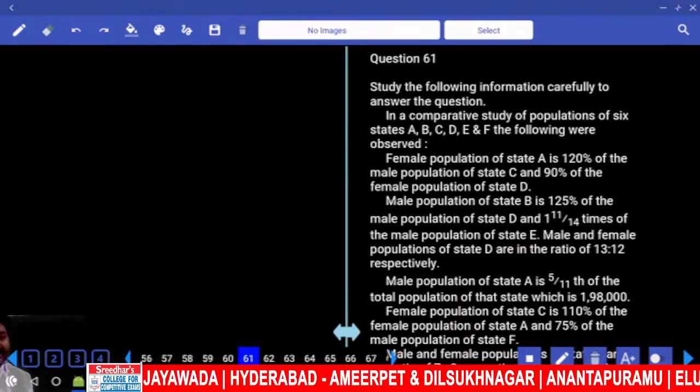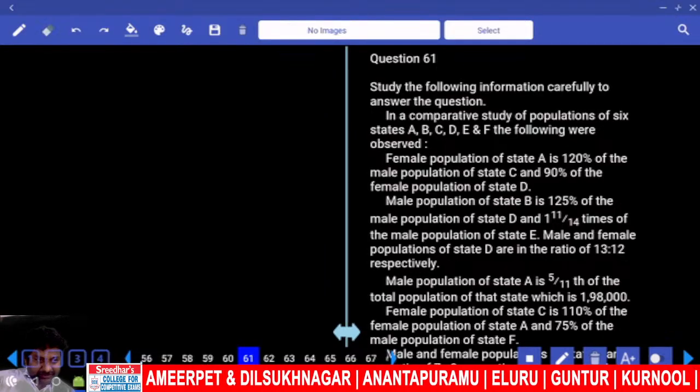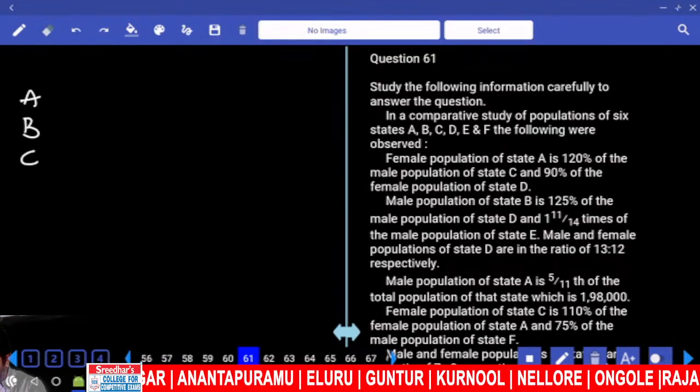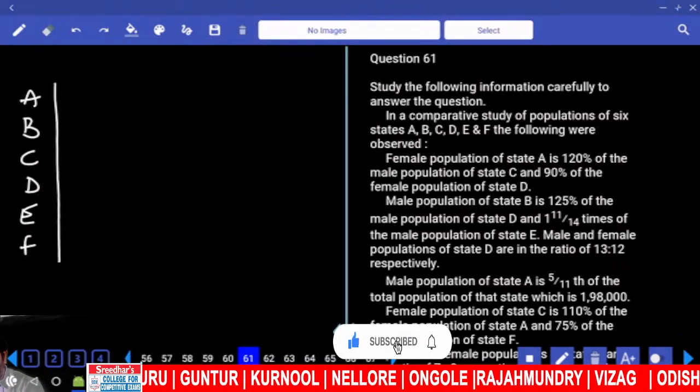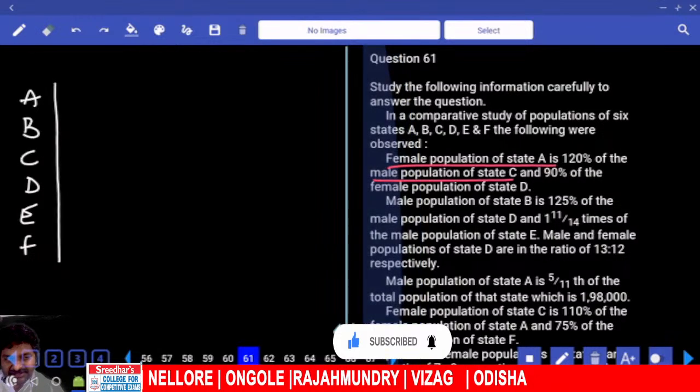In a comparative study of population of 6 states A, B, C, D, E, F, the following were observed. Female population of A is 120% of male population.